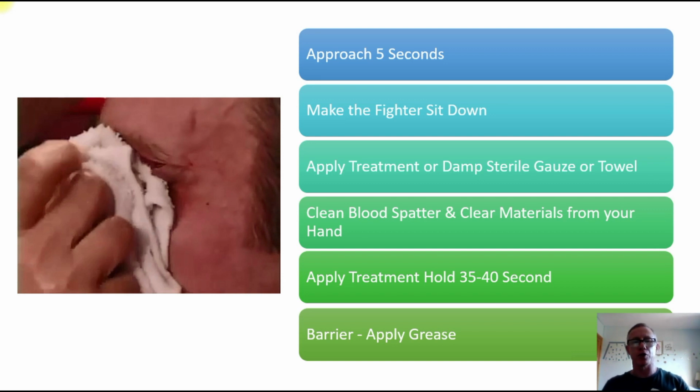So you've applied your treatment for 35-40 seconds, and that leaves you with about 5 seconds or so to use the grease, which is petroleum jelly, white petroleum jelly, or whatever mix you use. Some people are using cocoa butter now. So that is a total of 50 seconds away.